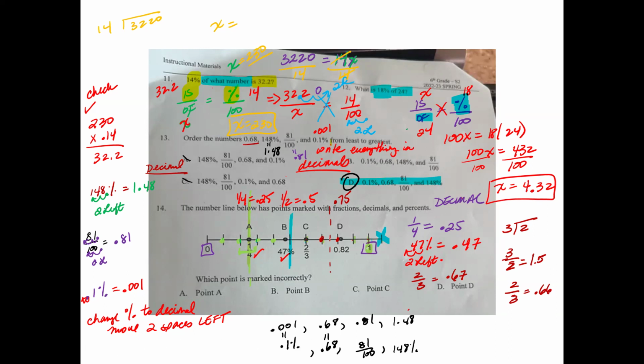Actually, if that's 0.75 right here, in between 0.5 and 0.75 should be 0.6, which is right here. So this actually is incorrect, I think, because it's a little bit too close to 0.5. Do you see that? So let's just go ahead and say C.